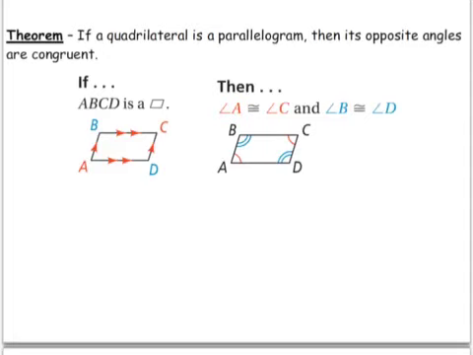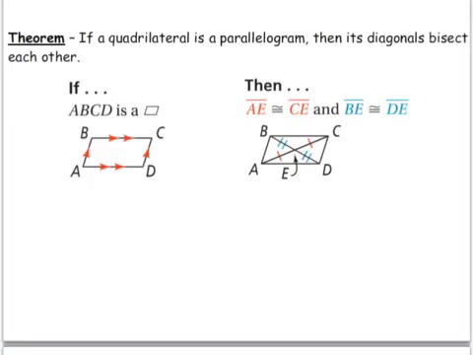Since angle A and angle C are supplementary to the same angle B, we learned this theorem back a few chapters ago, then we're going to know that angles A and C are congruent to each other, since they are supplements of the same angle. Similarly, you can say that the other two angles, B and D, will also be congruent to each other.